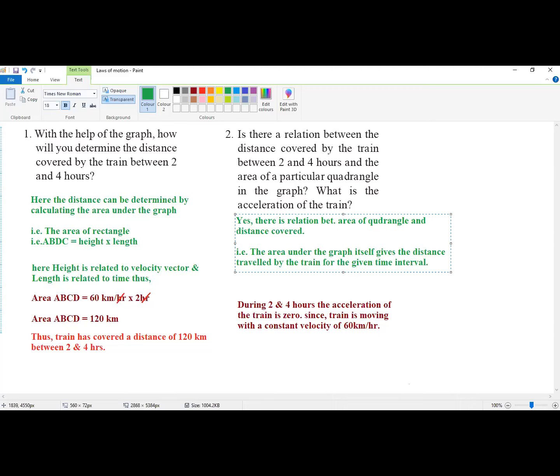The area under the graph itself gives the distance traveled or covered by the train for the given time interval.